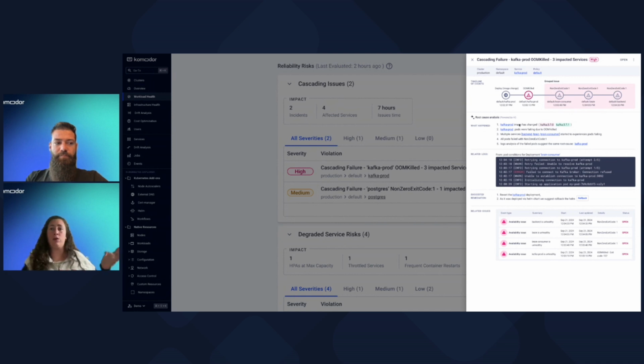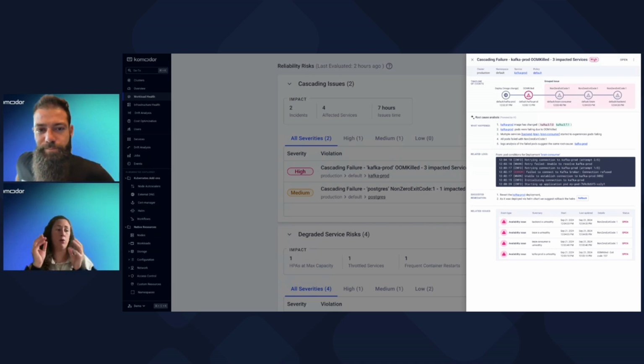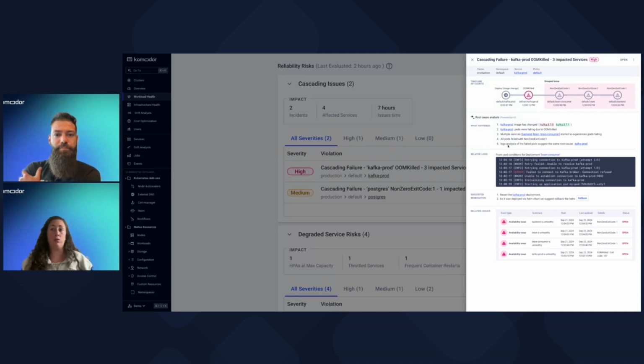So again, our AI mechanism behind the scenes evaluated the situation, took all those different services that had this availability issue, and combined them together, investigated them together, understood that the reason is the same, and it could group them under the same umbrella into a single issue of those impacted workloads.